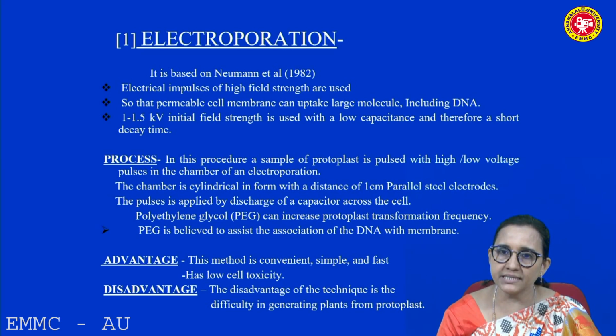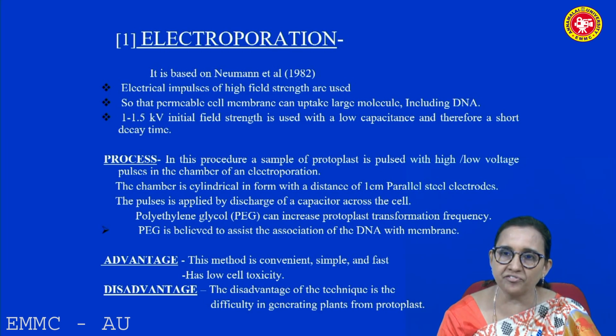The chamber is cylindrical in form, with parallel steel electrodes 1 centimeter apart. The pulse is applied by the discharge of a capacitor across the cell. And here we are using polyethylene glycol, so that the transformation frequency can be increased. This PEG can increase the insertion percentage of the DNA into the protoplast.